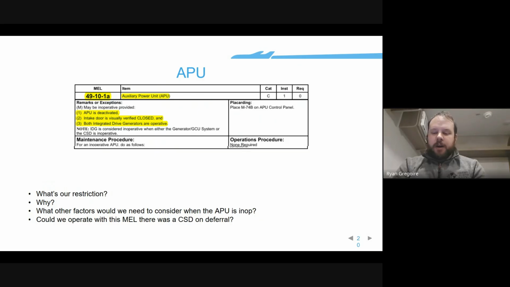Both IDGs are operative. So, as long as both IDGs are operative, could we dispatch an aircraft with an inoperative APU if the constant speed drive was broken? Trevor says no. Everyone agree with him?